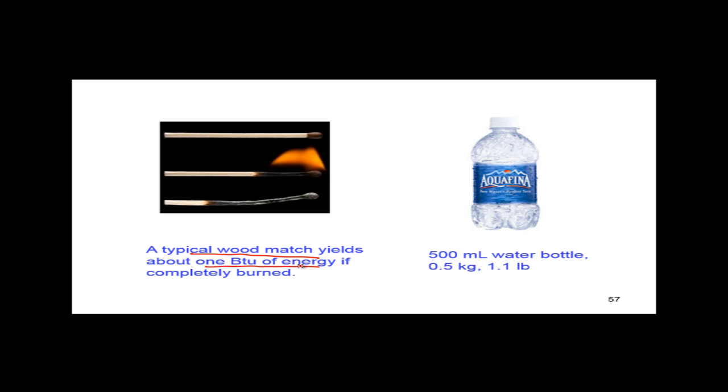Pretty small amount, right? Also, if you want to get a sense of what 1 pound of water is, there's a lot of drinks around here. There's probably a water bottle. A typical 500 milliliter water bottle is half a kilo, a little over 1 pound. So you can just pick it up and sense, okay, that's 1 pound, right? So you get a good sense of a BTU as well as a pound.